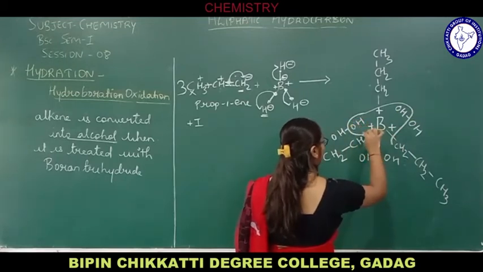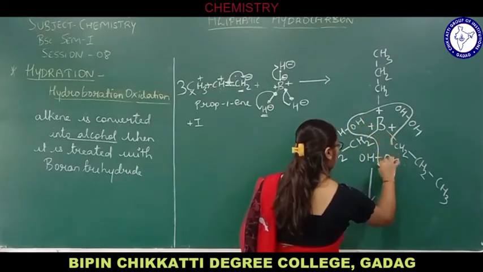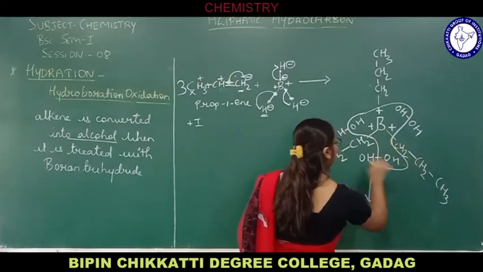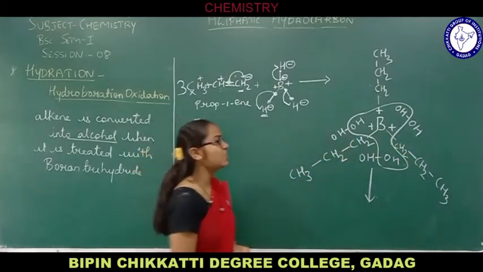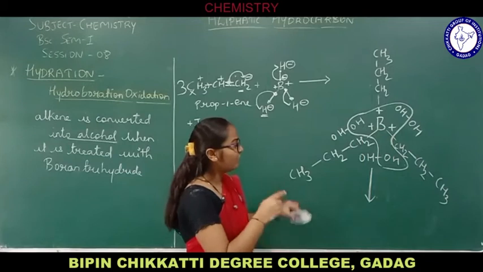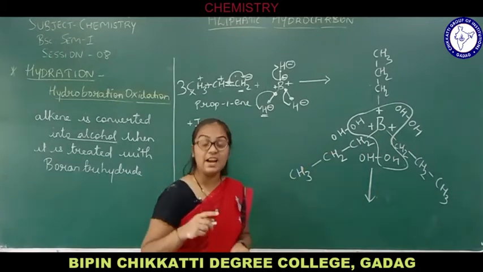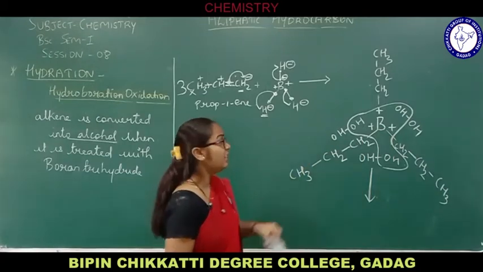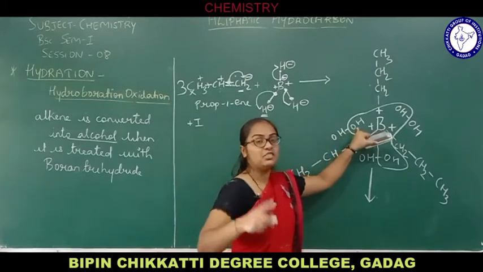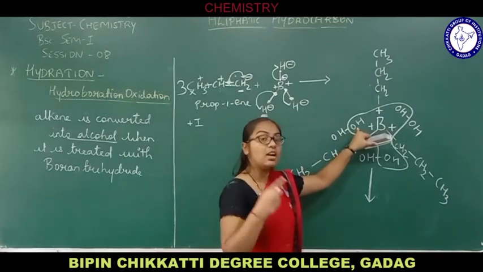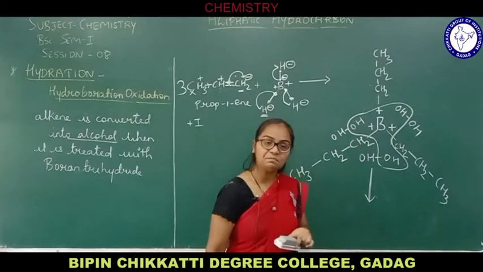From these 3 molecules of hydrogen peroxide, each will give out a hydroxyl group to this boron, right.